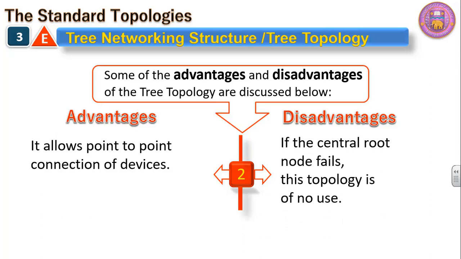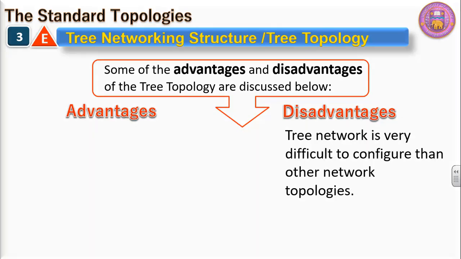The biggest disadvantage is that if the central root node fails, this topology is of no use. Again, another disadvantage is that tree network is very difficult to configure than other network topologies. Other topologies are easy to establish, but this tree structure becomes little more difficult to configure.